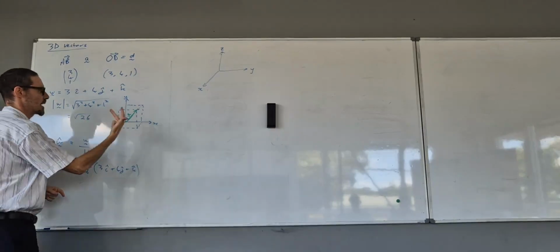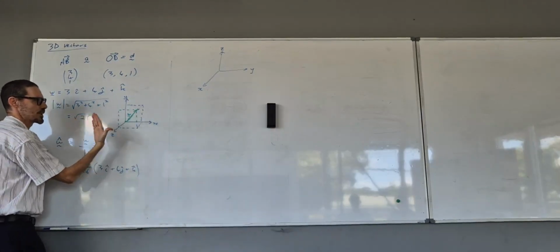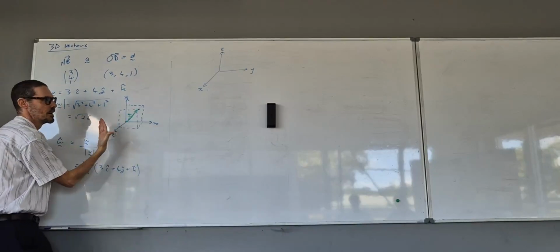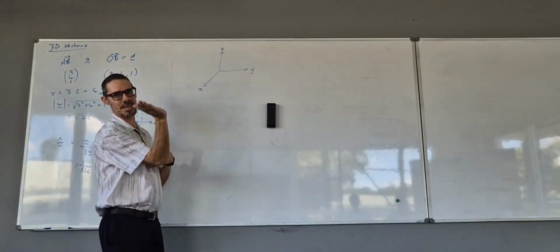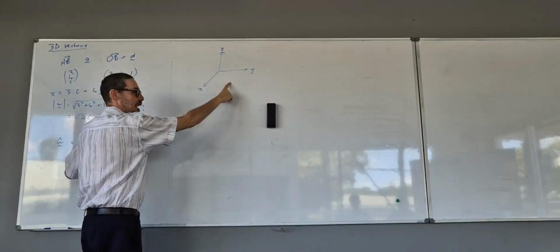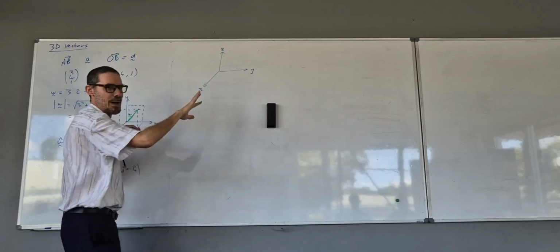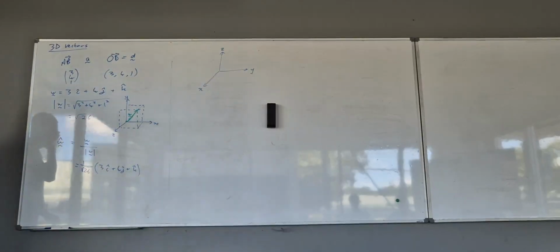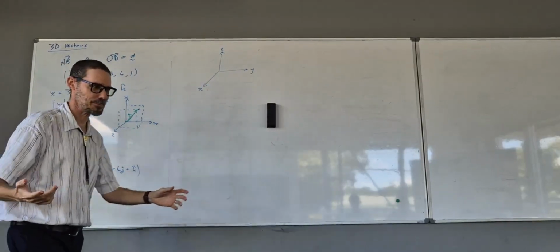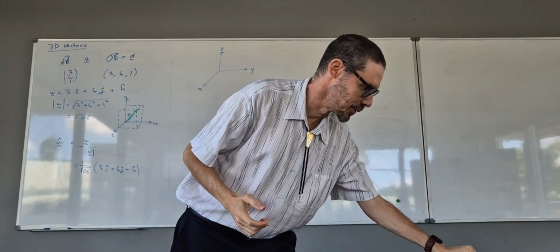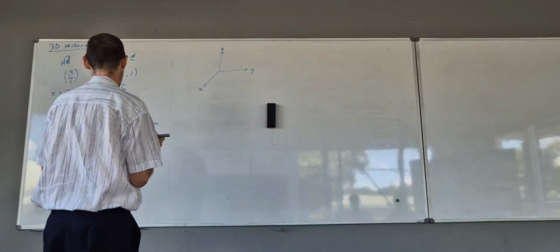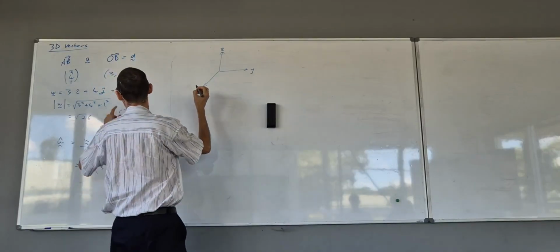So whichever way you have X and Y going tells you which direction is positive Z. X and Y this way, positive Z. These are basically the same. But if I go X, Y, Z, it's actually backwards. It would have to be negative Z. Just a convention.